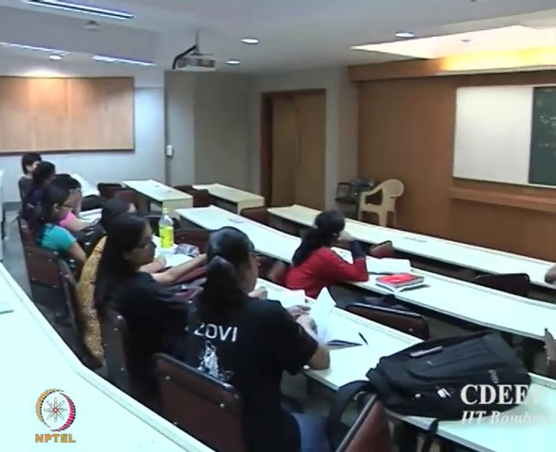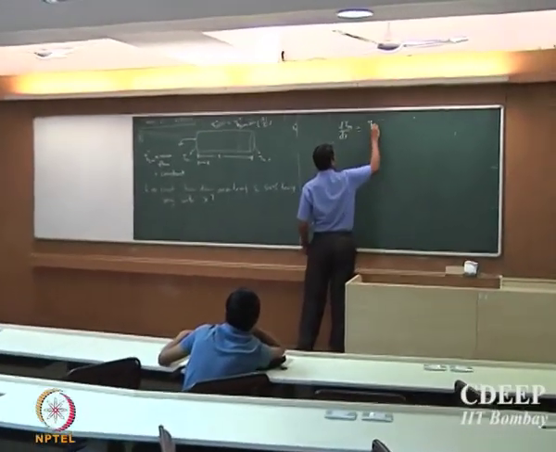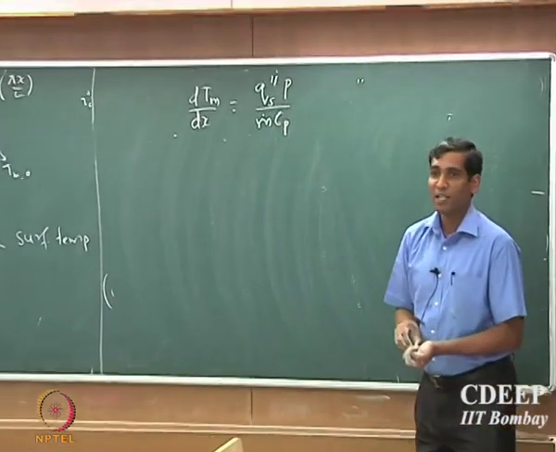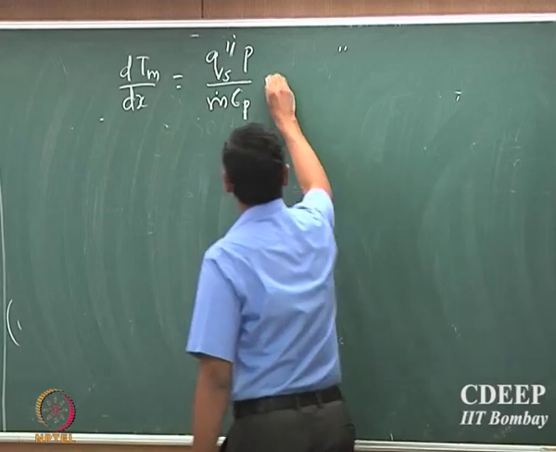We said that dTm by dx is nothing but Qs prime into perimeter by m dot c. Okay. So, that is the balance for the mean temperature or the cup mixing temperature.